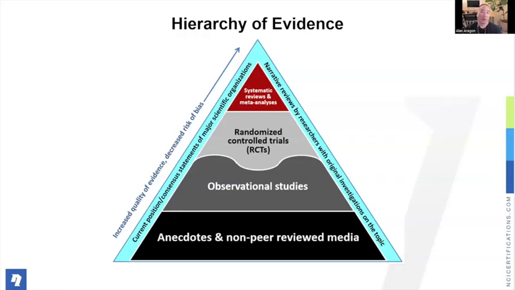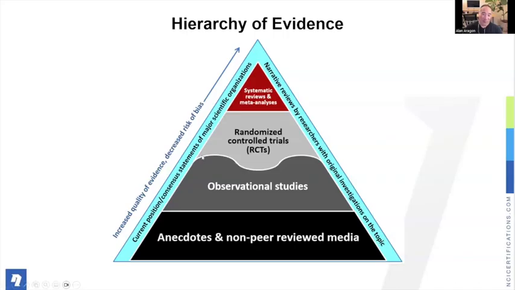So peer reviewers are, or at least should be, experts on the given topic. So anecdotes and blog entries, those types of things, opinions on the internet, on social media, none of that stuff is peer reviewed. And so it is the weakest form of evidence.